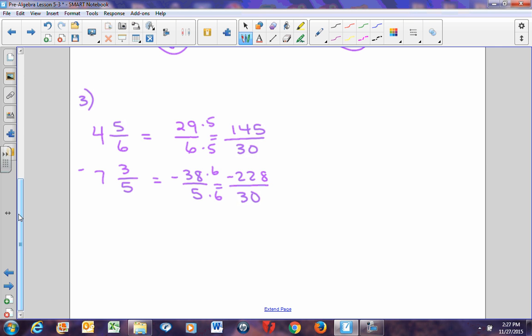So 145 minus 228 is negative 83, so negative 83/30ths, which I can change to a mixed number. 30 goes into 83 twice, so negative 2 and 23/30ths.